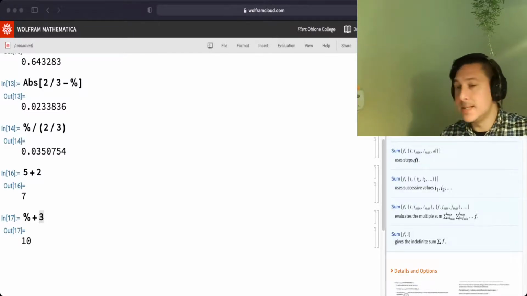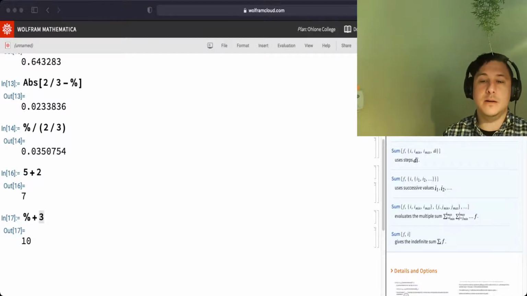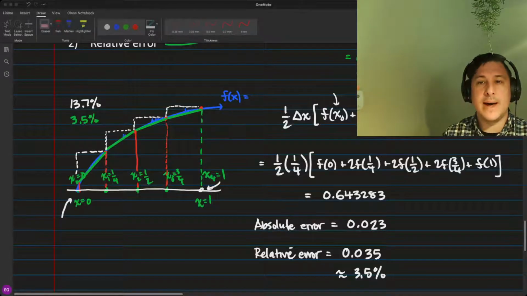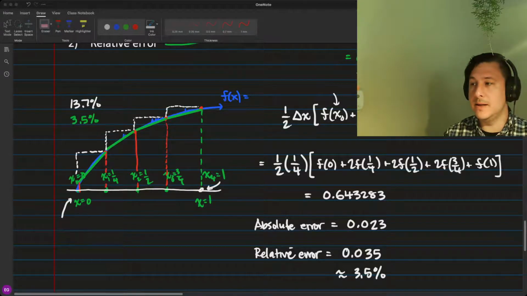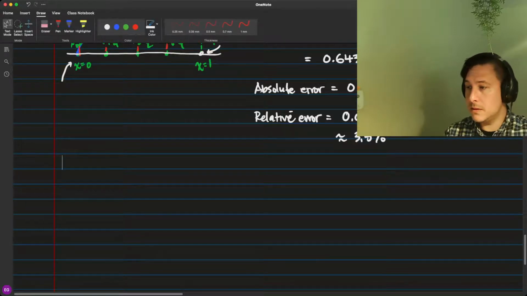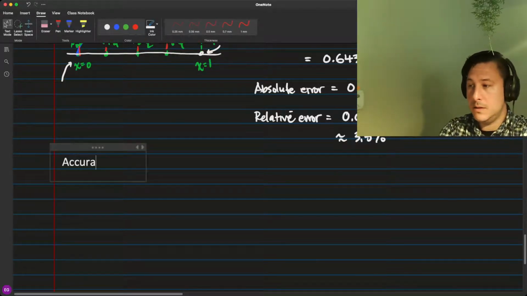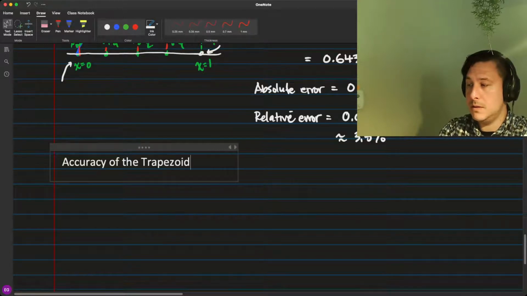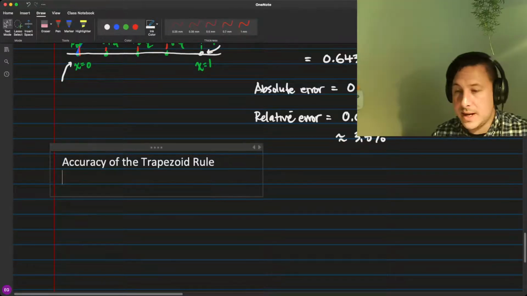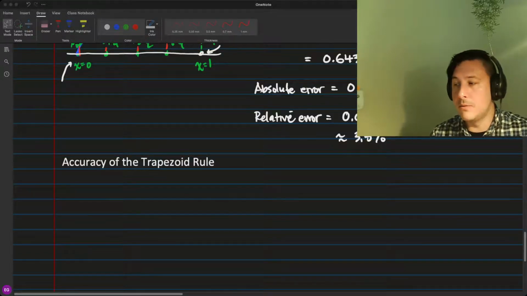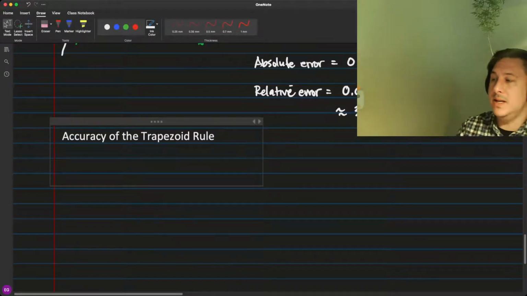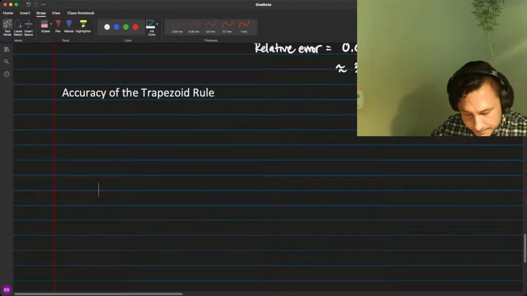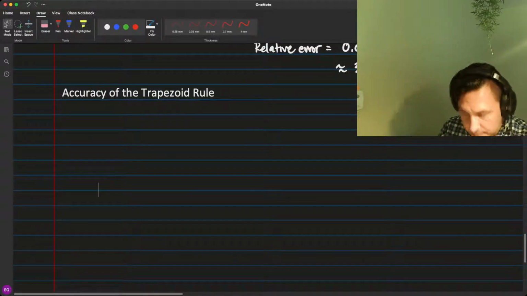Okay. So the trapezoid rule ends up being more accurate than the Riemann sum. So let's talk about how accurate it can be. There's actually a way to figure out how wrong your estimation might be if you're using the trapezoid rule, which is pretty cool.